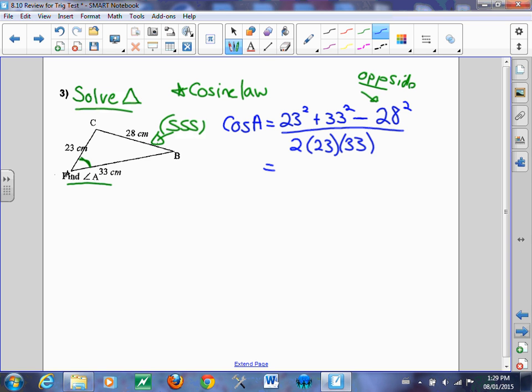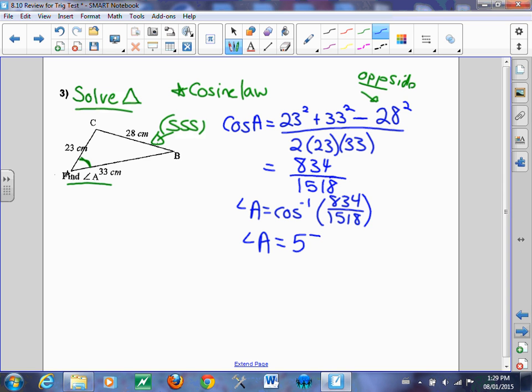We have a numerator of 834 divided by a denominator of 1518. Remember, to find an angle, you have to use the cos inverse. Plug it in your calcs, guys and girls.